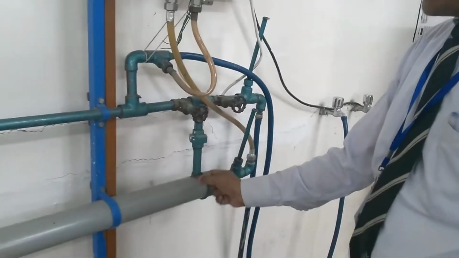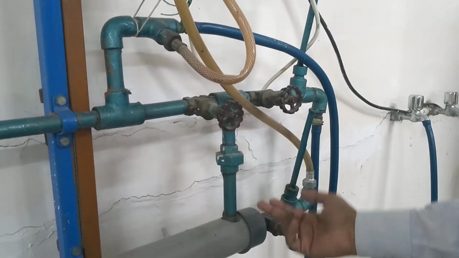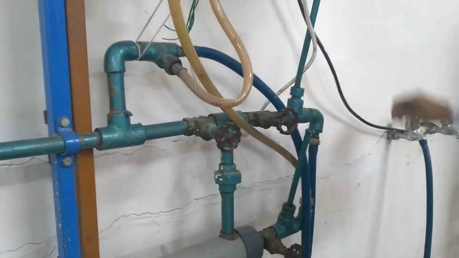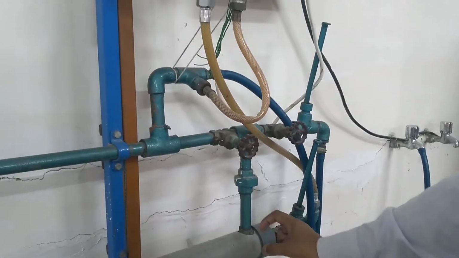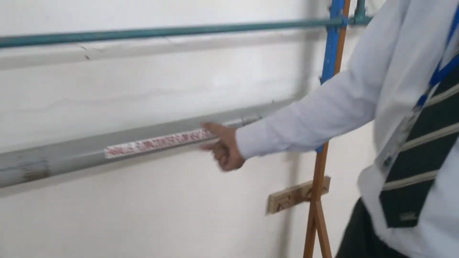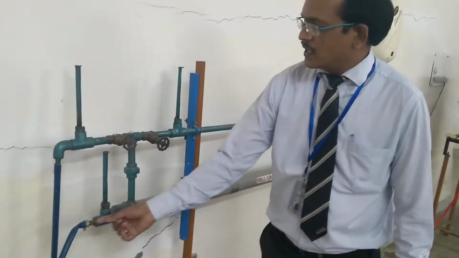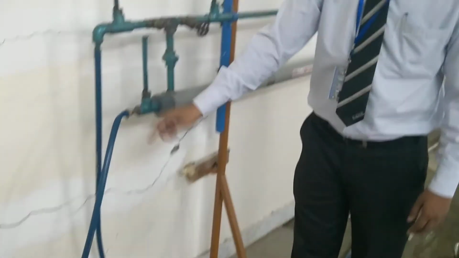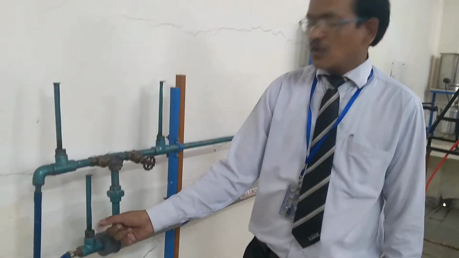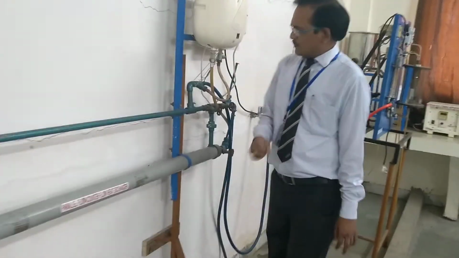This pipe is also connected here, so these two valves are closed together and the hot water will not go upside. The hot water passes through the inner pipe, leaves through the outlet pipe, and here again we measure the outlet temperature of the hot water.